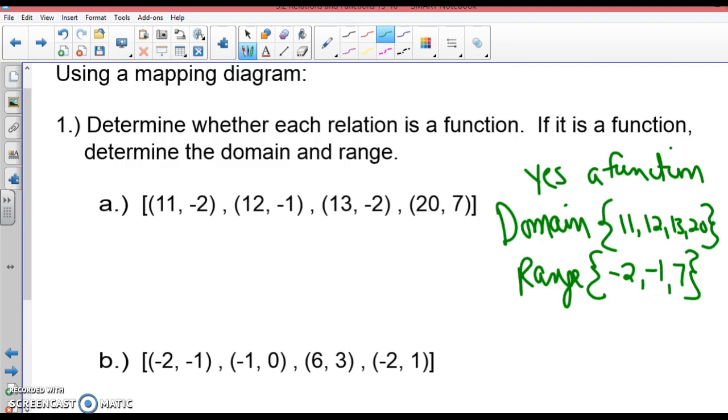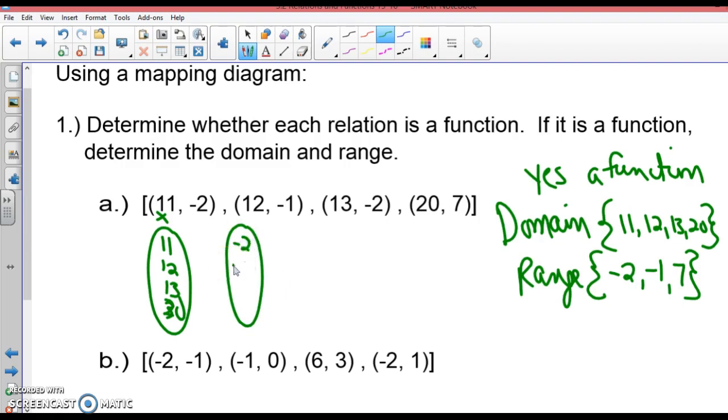Now, this is what a mapping diagram looks like. A mapping diagram. Here's my x, 11, 12, 13, and 20. Here's my y, -2, -1, and 7. 11 maps to -2. 12 maps to -1. 13 maps to -2, and 20 maps to 7.